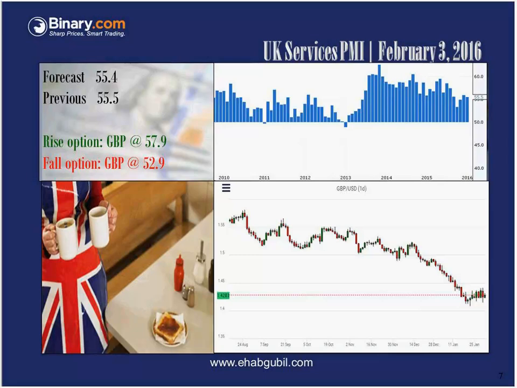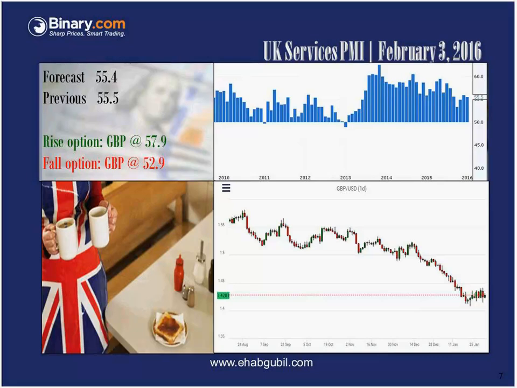As you can see in the chart in front of you, there is a downtrend. So if we don't get the deviation number, we will just simply make a put option after the retracement.